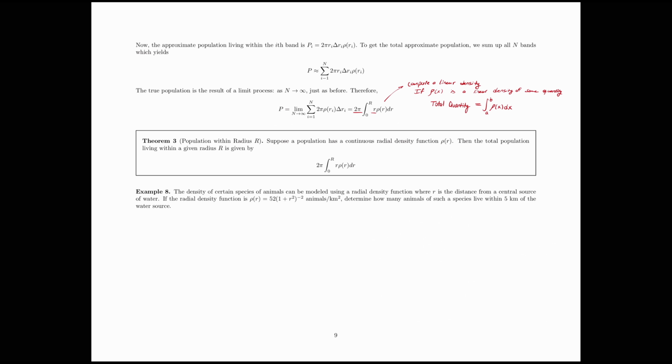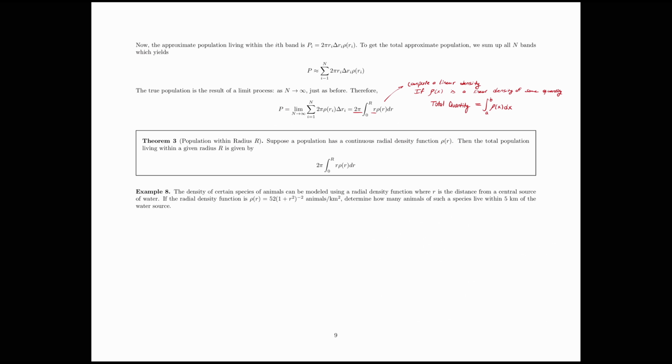Okay, so let's take a look at example 8. The density of certain species of animals can be modeled using a radial density function where r is the distance from a central source of water.